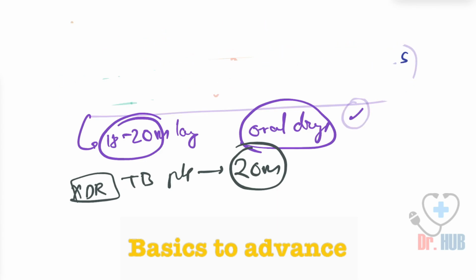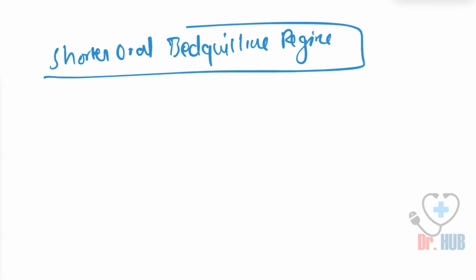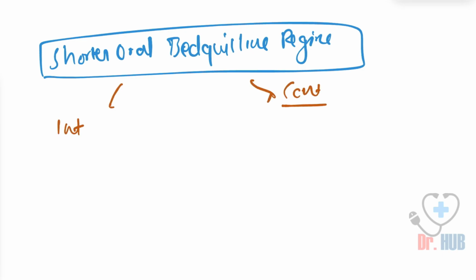Now we'll be looking at the answer to our question. We asked only one question here, about the shorter oral bedaquiline regimen. So what is this regimen about? There is the intense phase and the continuation phase.